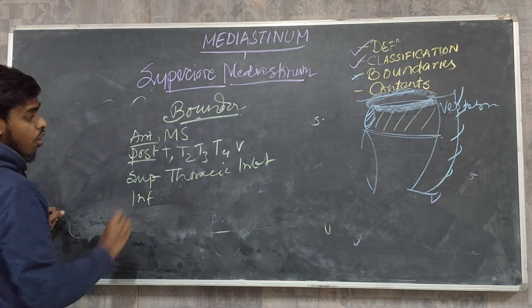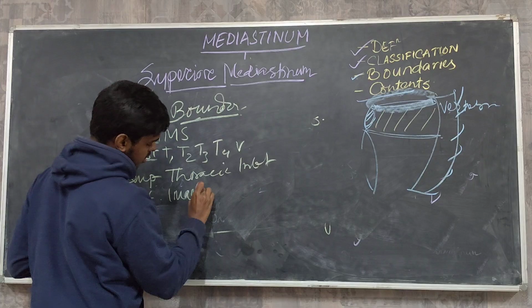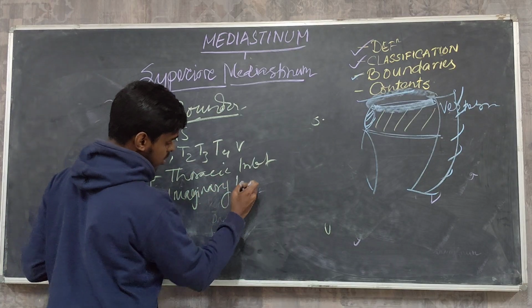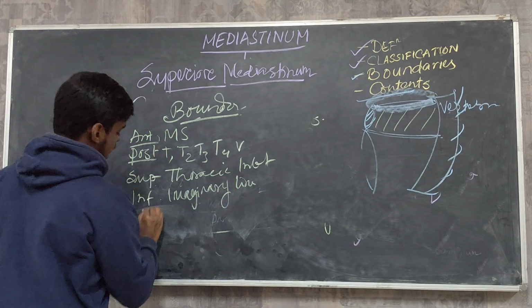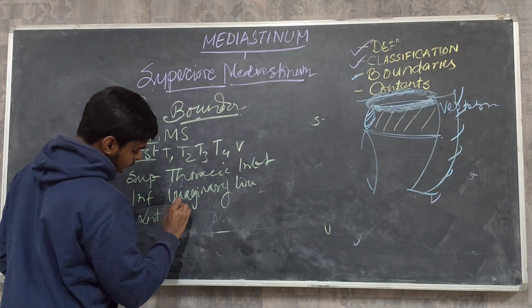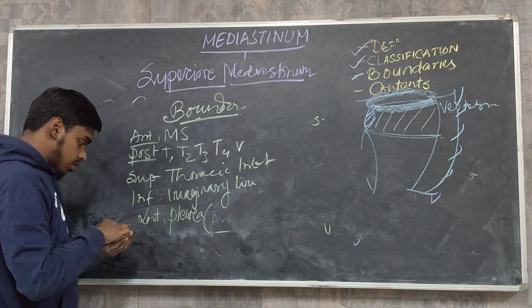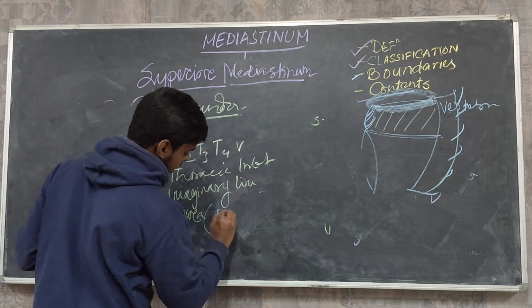Inferiorly we have the imaginary line, and laterally we have the pleura, or more specifically the parietal pleura.